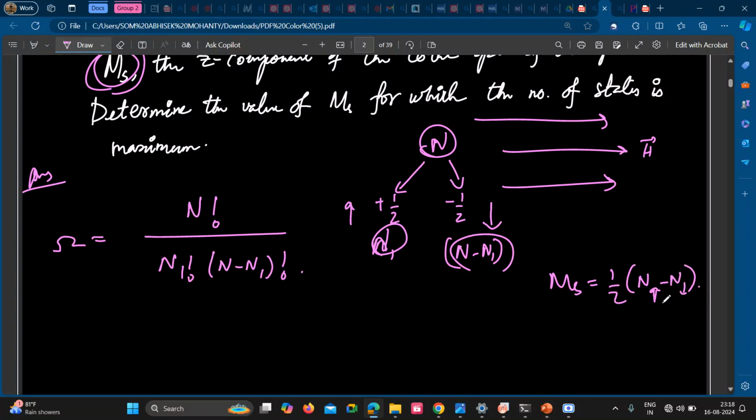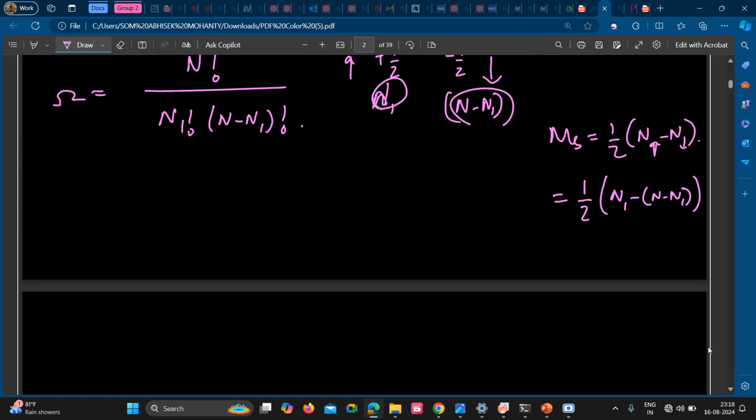This is the expression for Ms. N up is N1, N down is N minus N1.